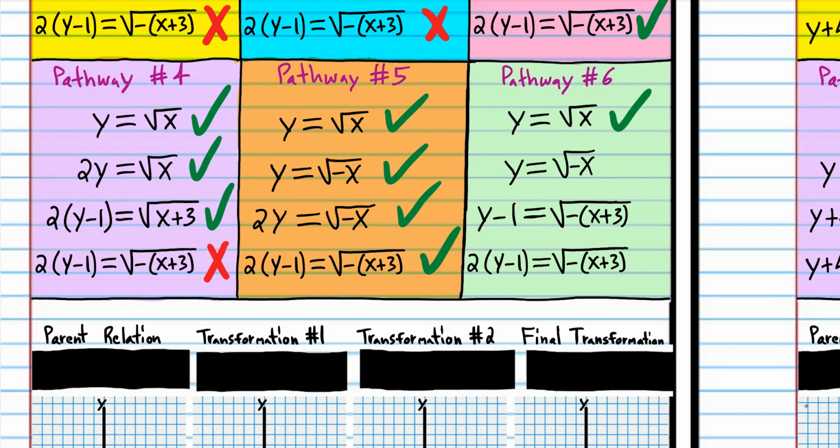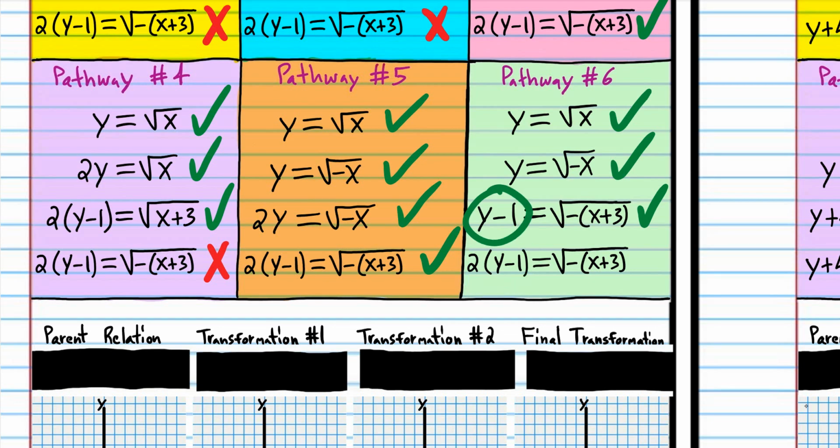So let's check this last pathway. We have the right parent equation. We're going to replace x with negative x. Then we're going to replace y with y minus 1 and x with x plus 3. That tells us to move up and to the left. And then we have a problem. We're going to multiply y minus 1 by 2.